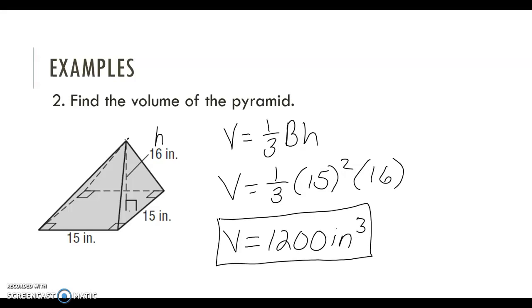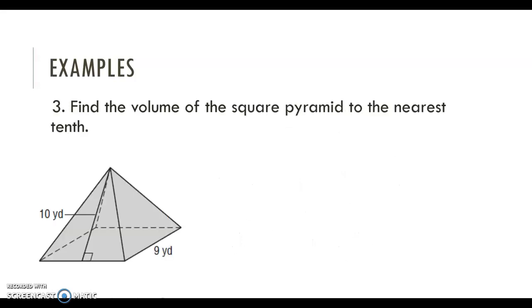Okay, moving on. Let's take a look at this example. We want to find the volume of the square pyramid. That means the base is a square, so this is also 9 yards, to the nearest 10th. What they're giving me here, though, is the slant height, and I still need to find what would be the regular height.